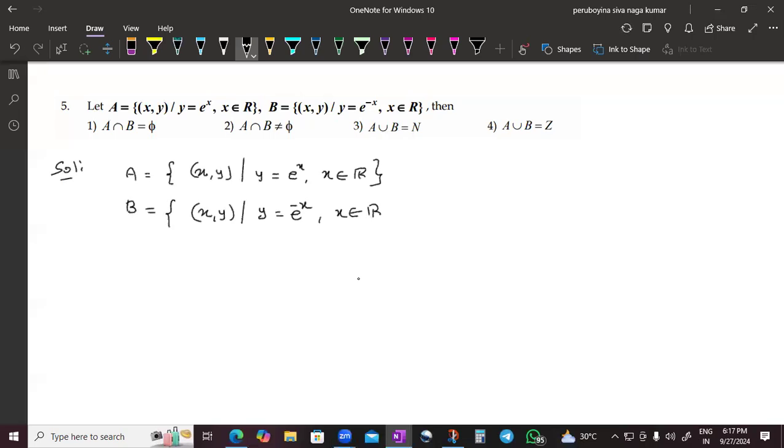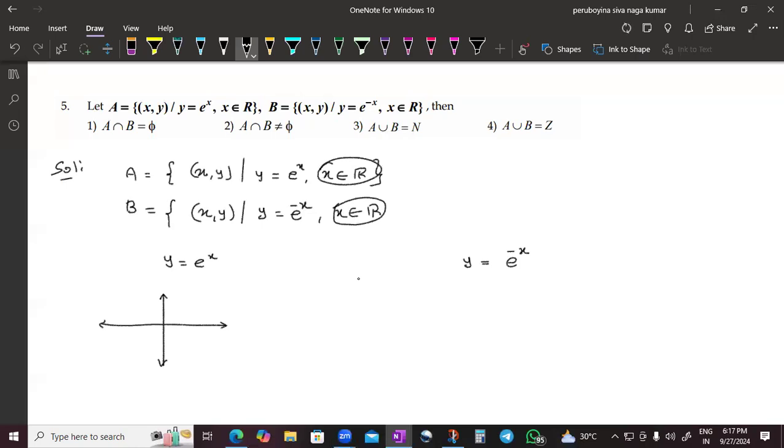If you observe these two graphs, one graph is y equal to e power x, and another graph is y equal to e power -x. And there is no restriction. You can access any real number. So let us draw the different graphs, and then we will merge these two graphs and observe whether any common point exists or not.